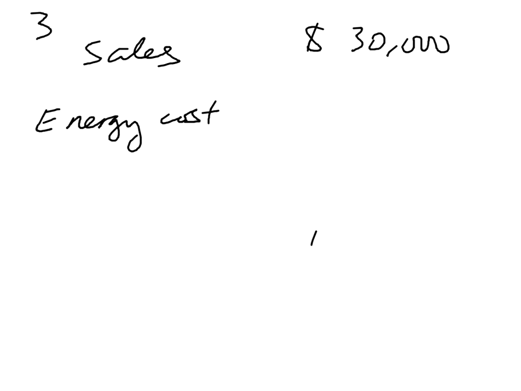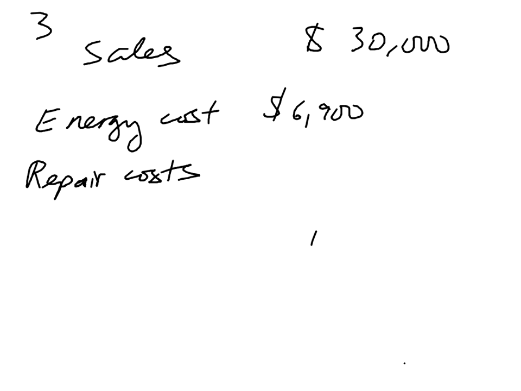It just shows what you paid for. So we paid for $6,900 of energy. The fact pattern tells us under the resources supplied section. We also have repair costs. And that's $12,000.